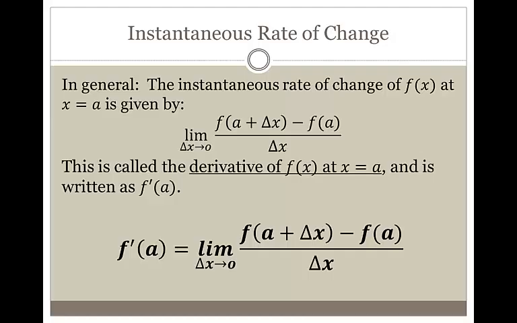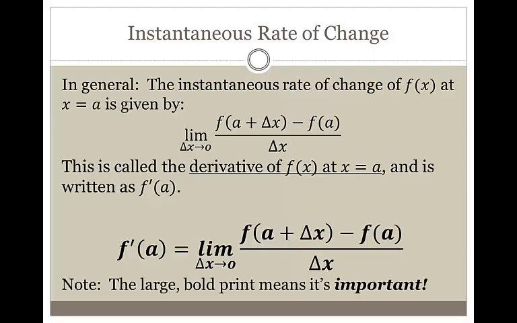F prime of a equals the limit as delta x goes to 0 of f of a plus delta x minus f of a, all over delta x. The rest of our studies for this semester will be on this derivative, so this is a very important definition.